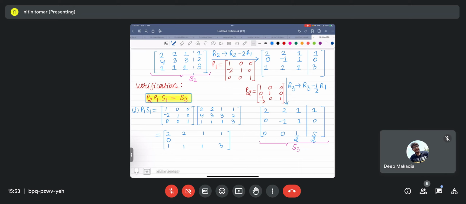Next, minus 1. Then plus 1. Last one. Very good. Last, 0. Yes. So these two matrices are same, right?